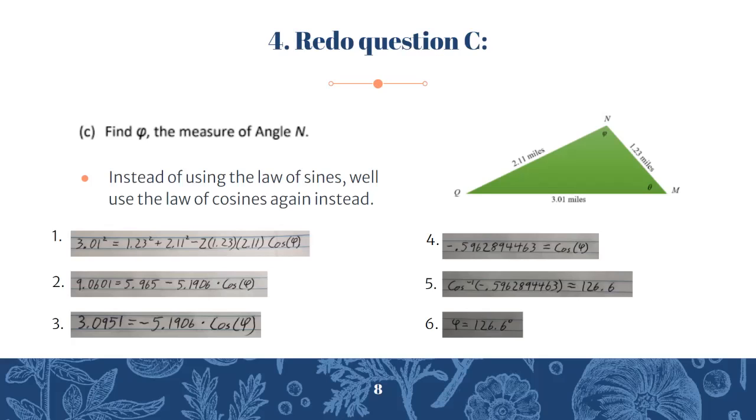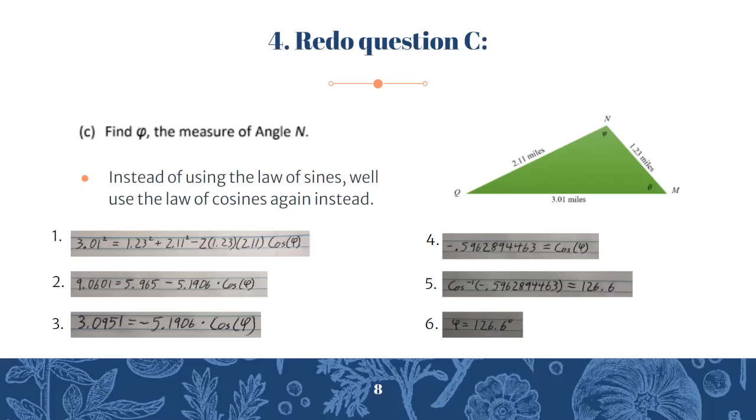And this question is asking us to find phi, the measure of angle N. And instead of using the law of sines, we'll just use the law of cosines instead. So we do the same as we did to find the first angle. We plug in the numbers to the corresponding values of the templates that we are given for the law of cosines.